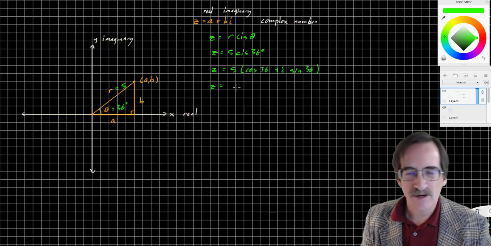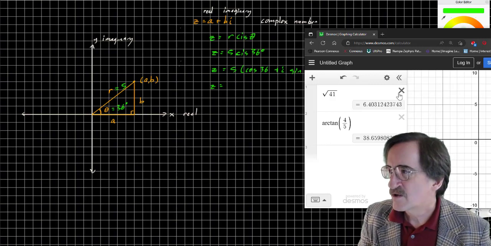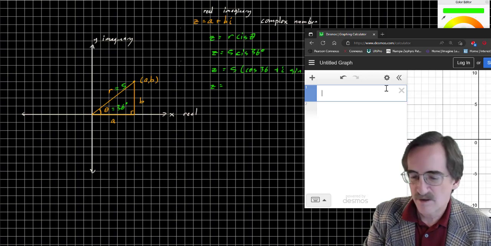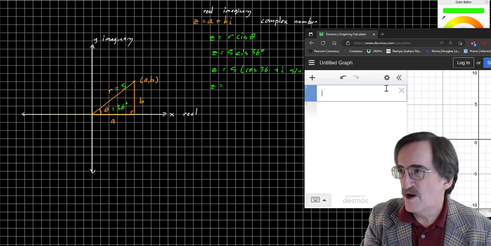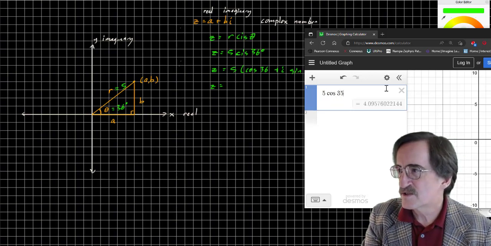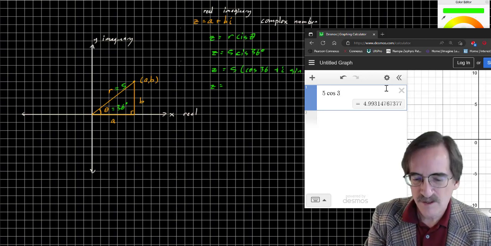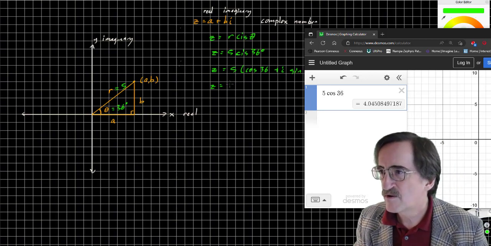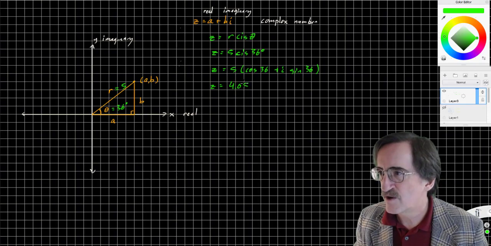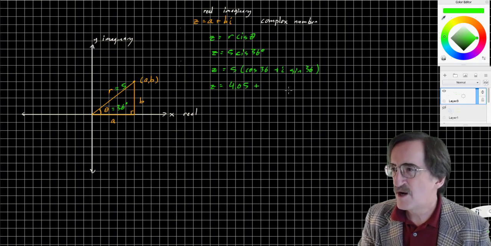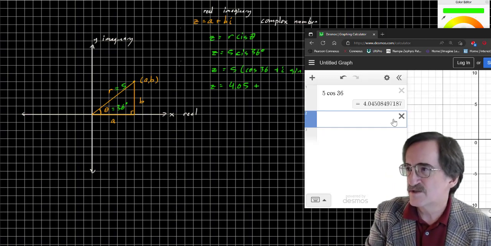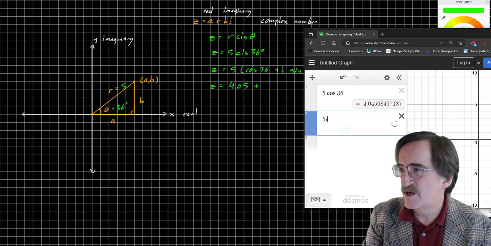And this is a calculator question. So 5 cosine 36 is 4.05. Plus i sine 36, so 5 times sine 36.